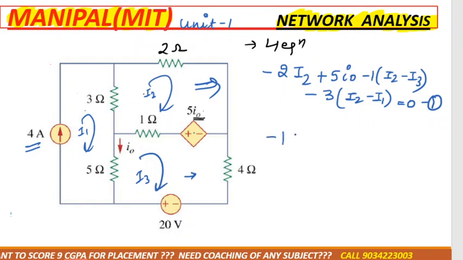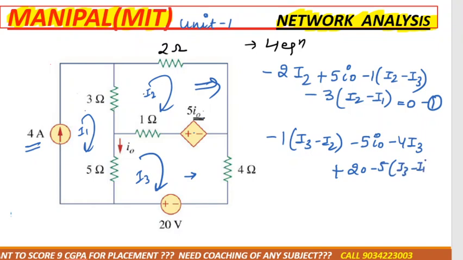Second equation is minus 1 into I3 minus I2 minus 5I0 minus 4I3 plus 20 minus 5 into I3 minus I1 is equal to 0. Third equation is I1 is equal to 4 ampere.